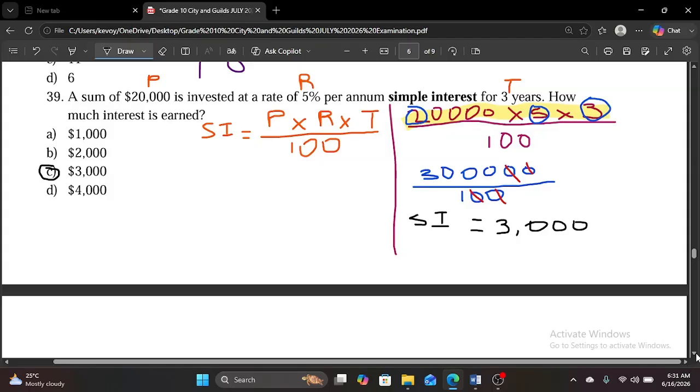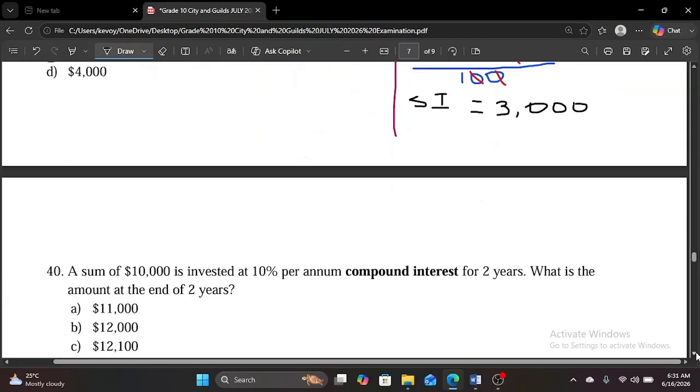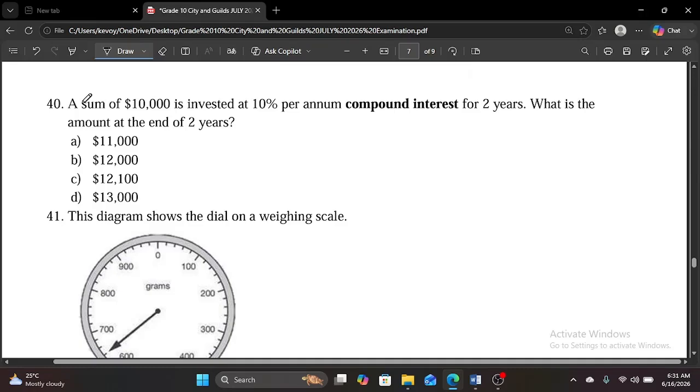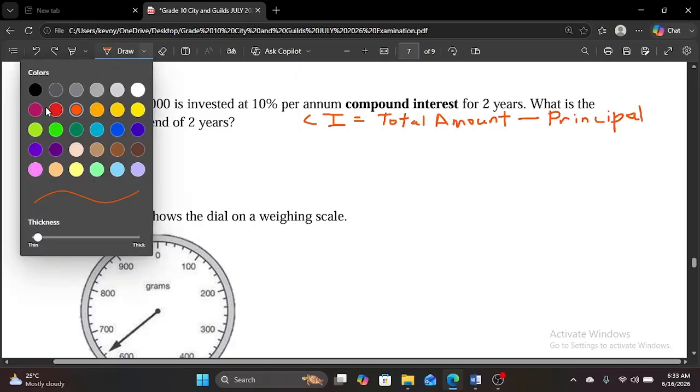So moving on. A sum of $10,000 is invested at 10% per annum. Compound interest for 2 years is, at the end of, we're going to use this formula.